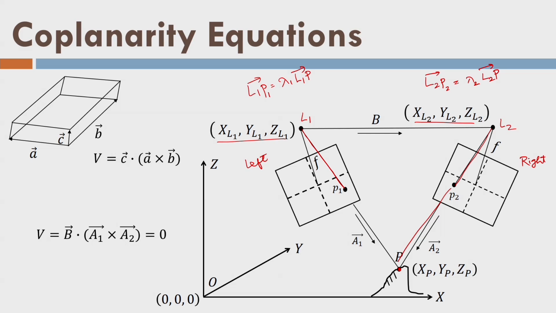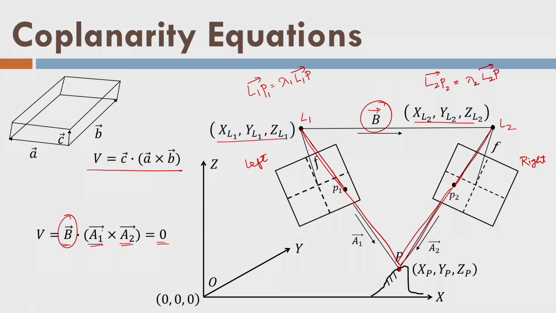See very carefully, points L1, L2 and P are in one plane, because 3 points are always connected with a triangle. 3 vectors, B vector, L1P vector, L2P vector here. So, all these are creating one triangle. And what about the volume? Generally we calculate volume by 3 vectors like this. So, I can write this volume, and the volume of a plane is always equal to 0.